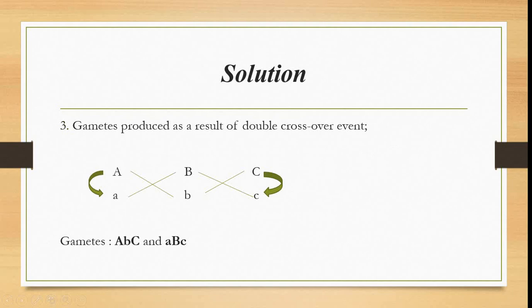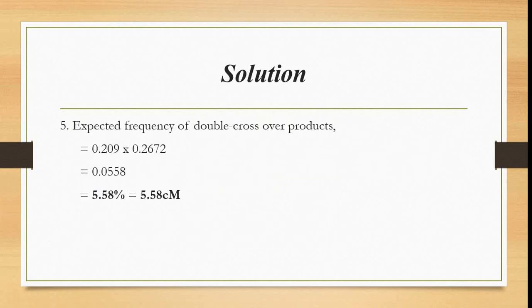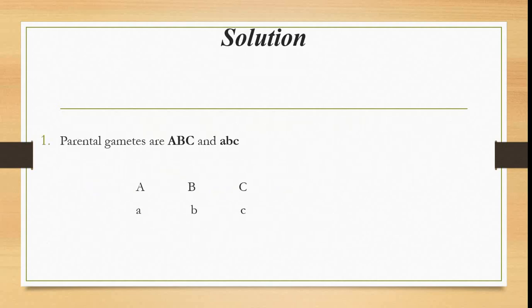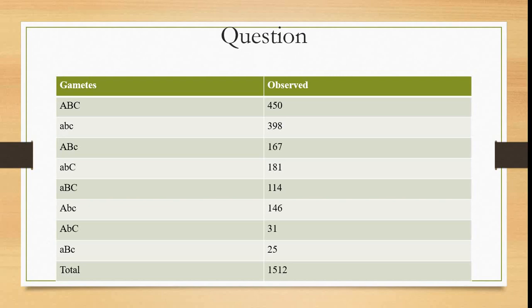There was still crossing over between B and C when we were looking at the double crossover, so you include that in your calculation. So 167 represents capital A, capital B, small c. You go back to the table, and capital A, capital B, small c is 167.